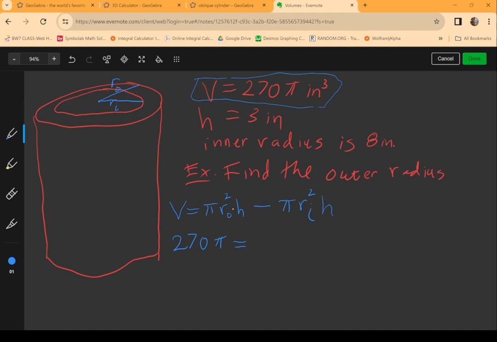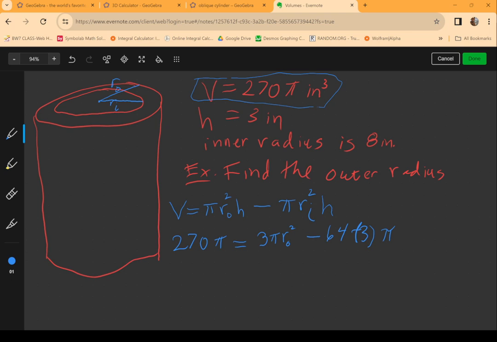The outer radius is my unknown, but I do know the height, which is 3, so we get 3 pi r outer squared. And then minus the inner radius, which is 8. 8 squared is going to be 64, times 3, the height, and then pi.